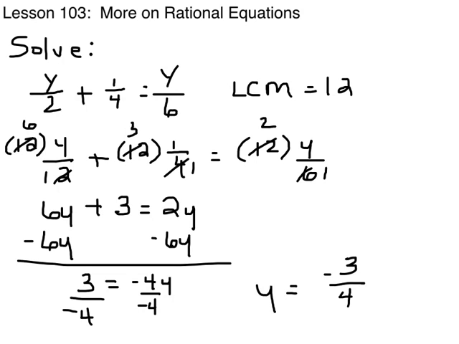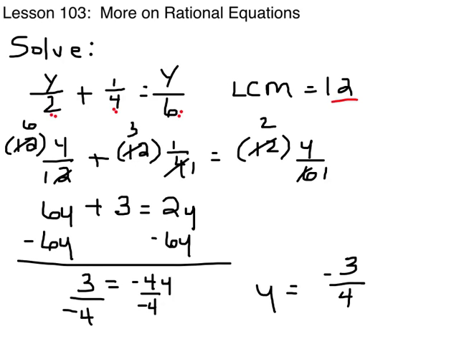And then since every one of these is going to be a factor of our least common multiple, we can actually simplify and get rid of these. And this is how we're going to do that.